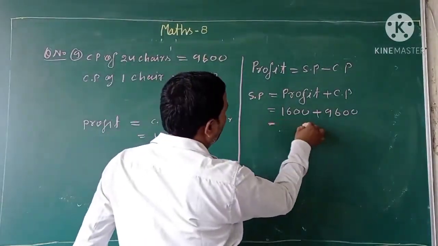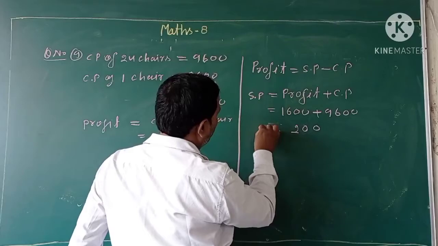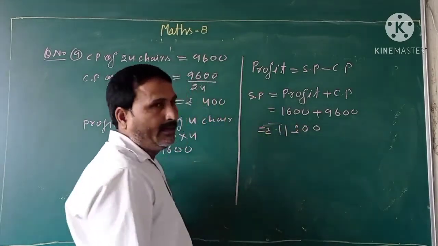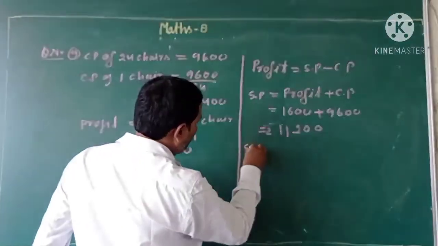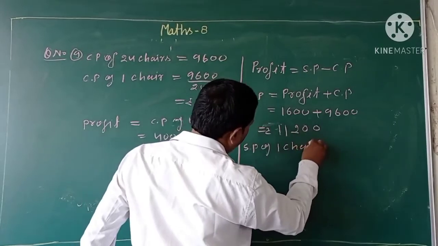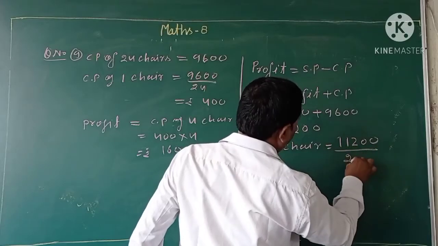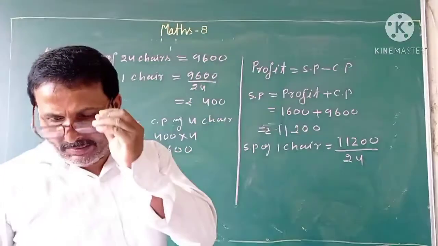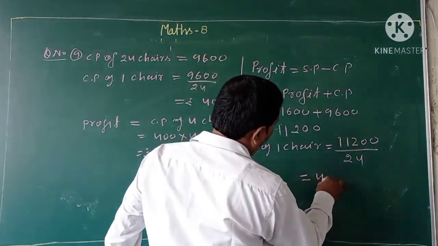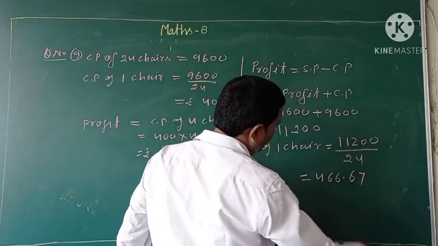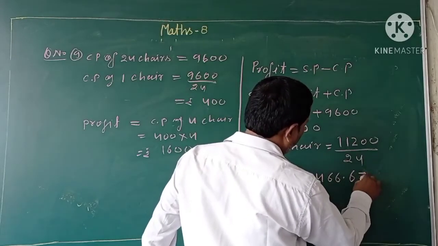Adding, this one is 11,200. This is the SP of 24 chairs. Then SP of one chair is 11,200 divided by 24. You simplify this, your answer will come 466.67. Round up, then it will come 467.